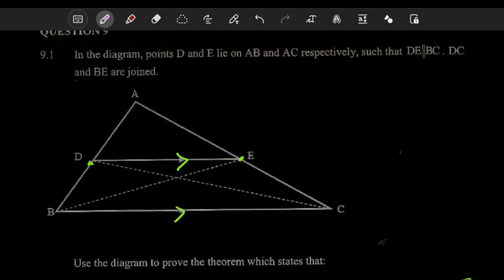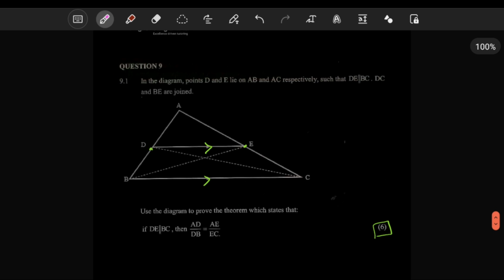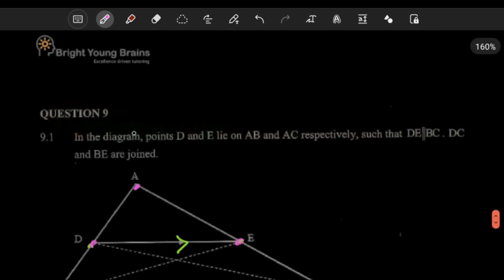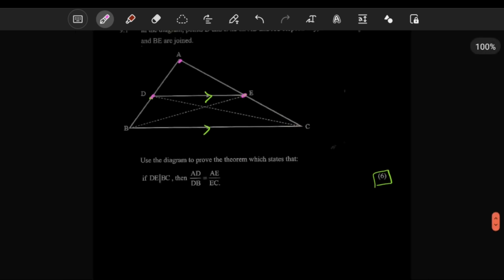The first construction is you need to construct a perpendicular height for the triangle ABE. You need to construct one perpendicular height that way, and then another one that way, because either one of the two will always help you work out the area if you use half base times height.